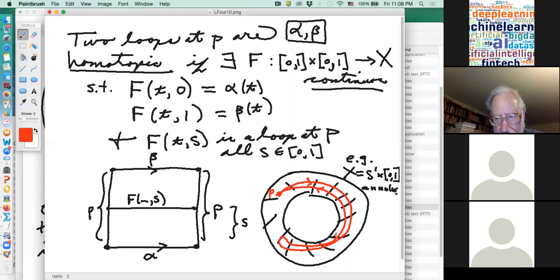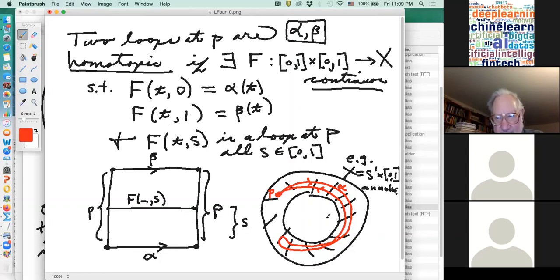right? Well, then you can see that you can put this loop alpha into a family of loops by contracting it. Each one is continuously varying from the preceding one until finally you get down to one loop which is just beta.